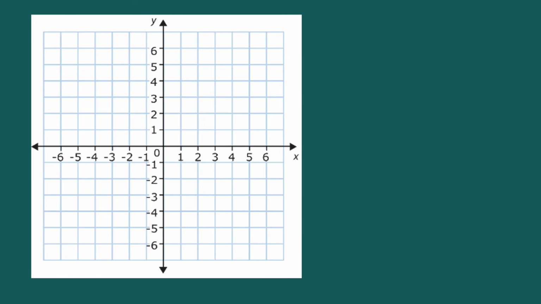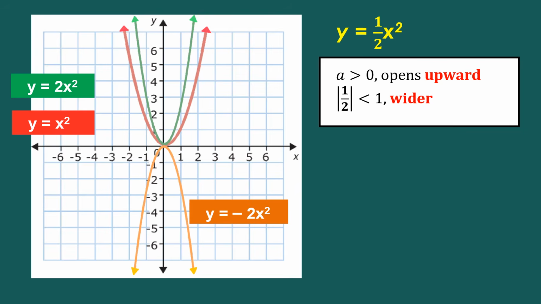Let us have another example. This time, let us have y equals 1/2 x squared. Notice na ang value ng a natin is greater than 0 because 1/2 is greater than 0. That means ang graph natin will still open upward. But the absolute value of 1/2 is 1/2.